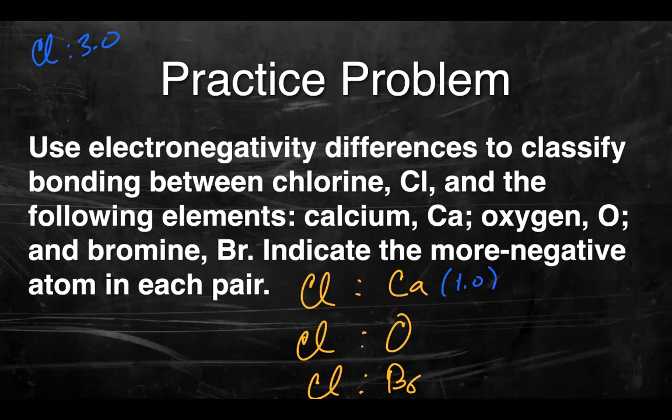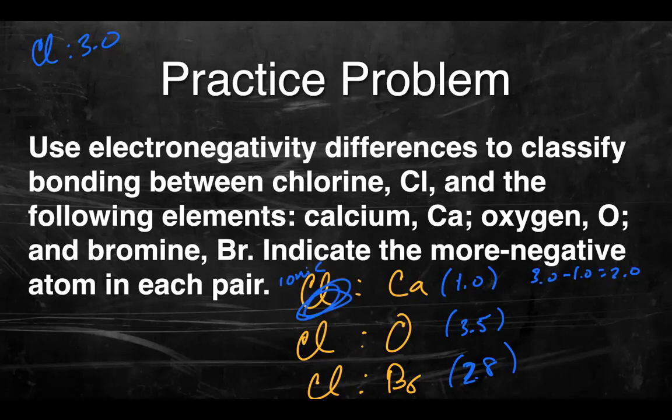Oxygen is 3.5. Bromine, 2.8. Okay, so these are our EN values. So if we're going to analyze a compound formed between calcium and chlorine, we have to do 3.0 minus 1.0, that's 2.0. That is ionic. The more electronegative atom is chlorine.